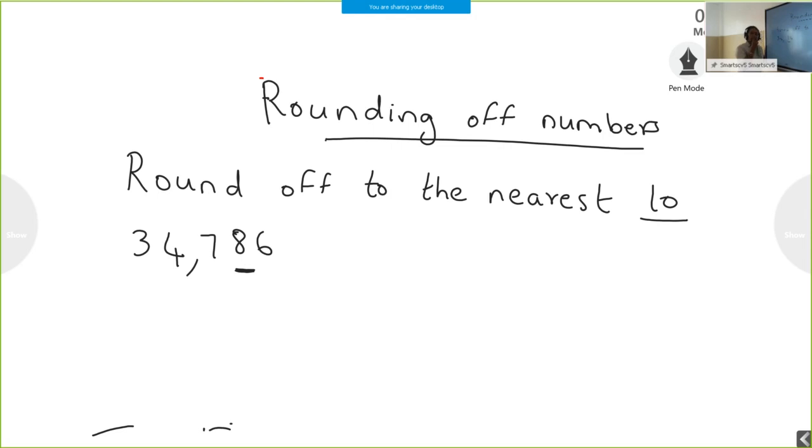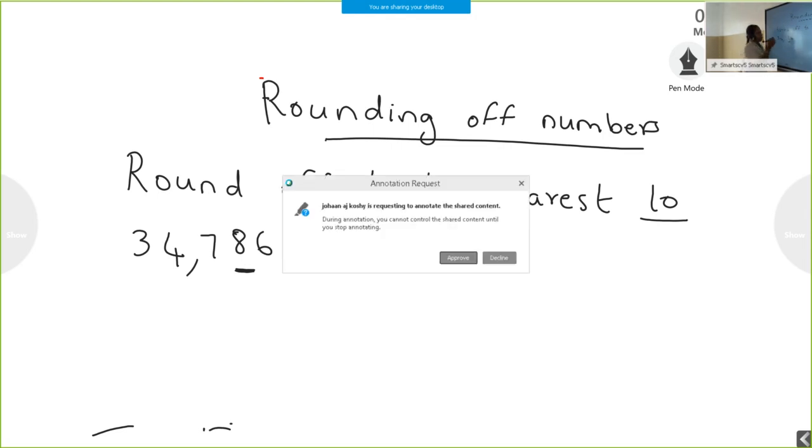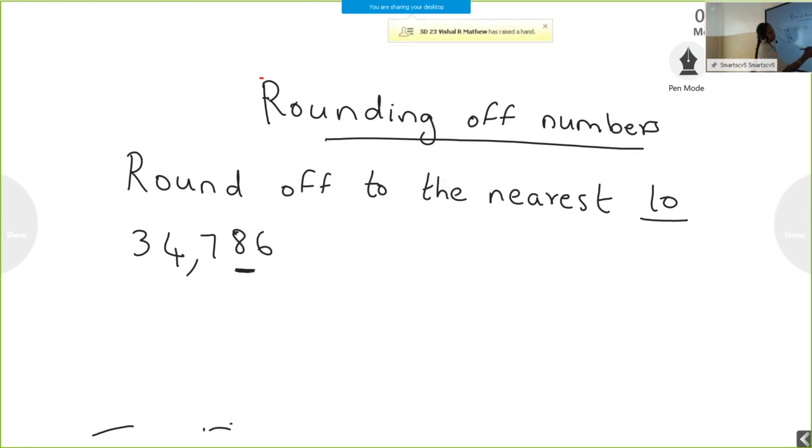Let me explain first. So, 34,786, we have to round off to the nearest tens place. So we need to first underline the tens place.